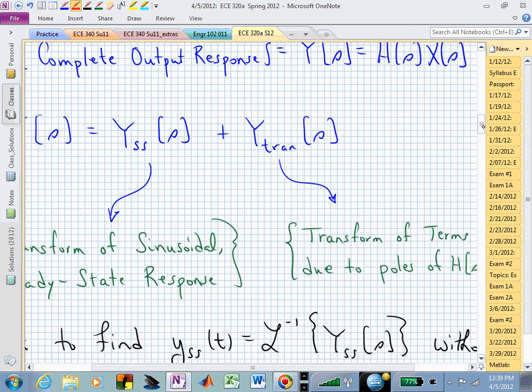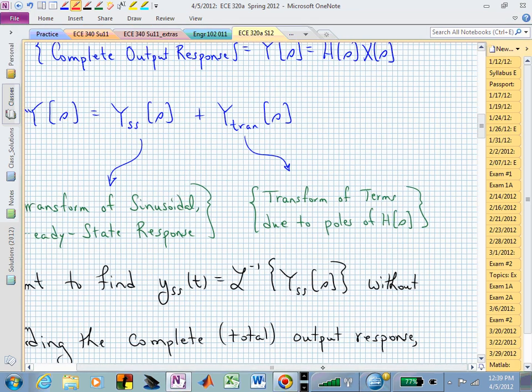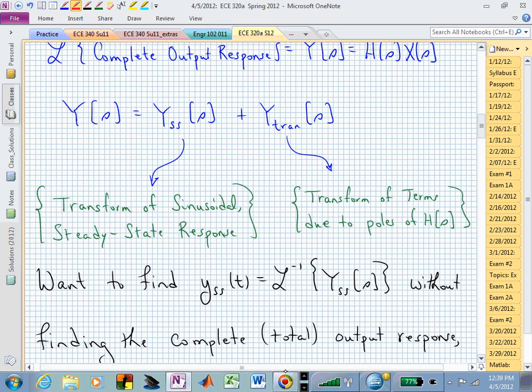We're going to just assume that we're only interested in the sinusoidal steady state response, and we're going to separate that output into 2 pieces. One piece due to the transients of the poles of our H of S, and the other due to the poles associated with capital Y sub SS.